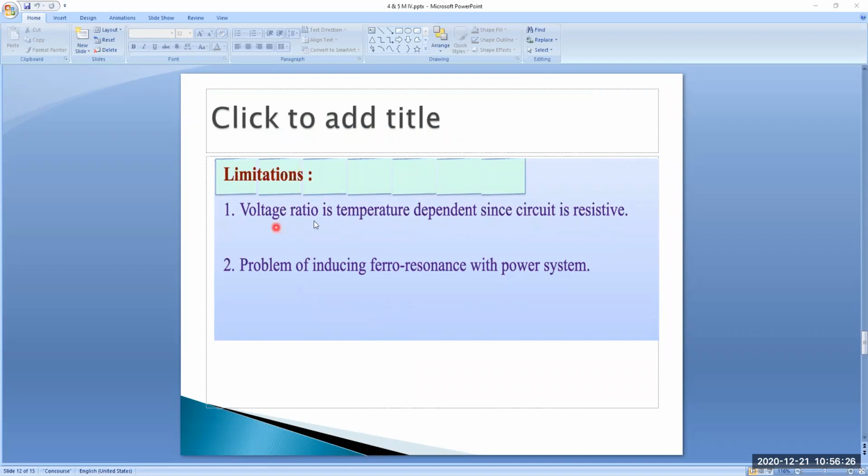And next, problems of inducing ferro resonance with the power system. So these are the different types of limitations of capacitance voltage transformer.